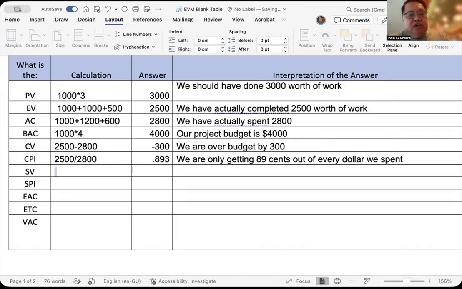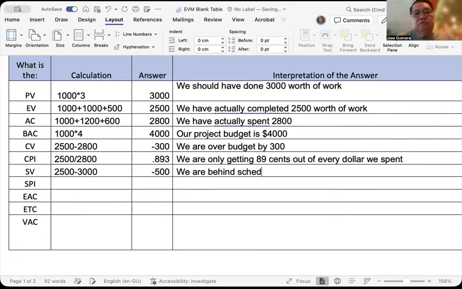Schedule variance, again, start with EV, 2,500 minus PV of $3,000 will give us an answer of negative 500. And we can now say that if it's negative, we are behind schedule. SPI, same thing, EV, 2,500, but this time it's a division, divided by 3,000, will give us an answer of 0.833.